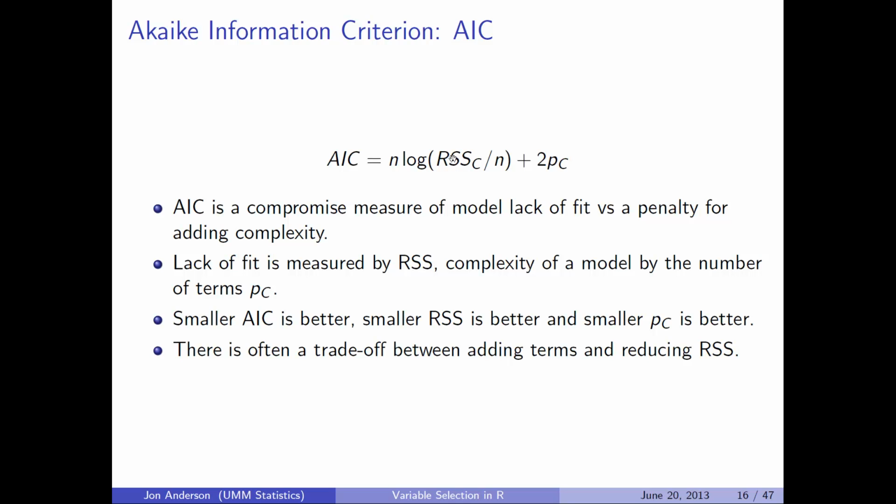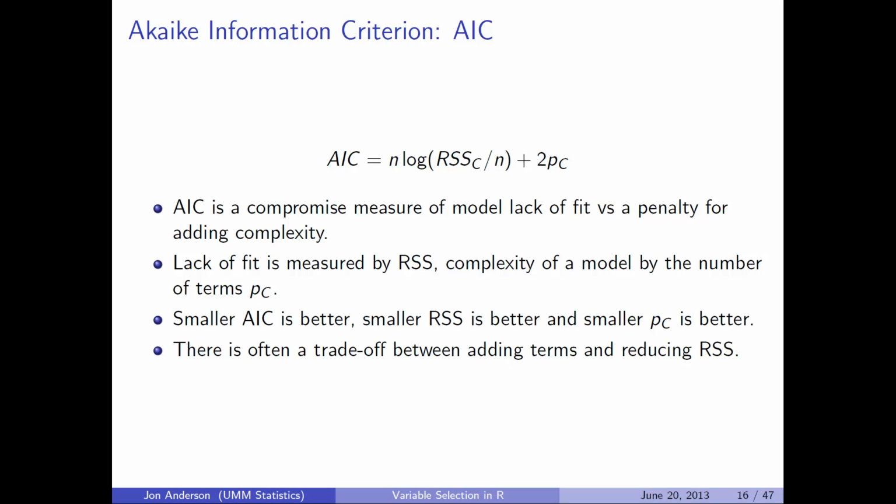Residual sums of squares being smaller is better, and the logarithm of something smaller is also smaller, so smaller is better for this first term. And the second term involves P sub C, the number of parameters in your candidate model: 2 times the number of parameters.